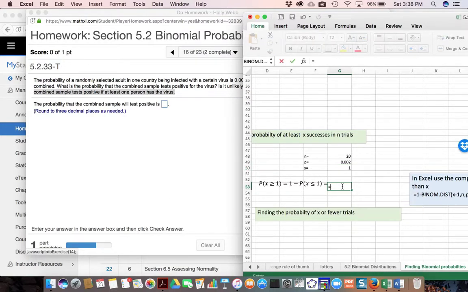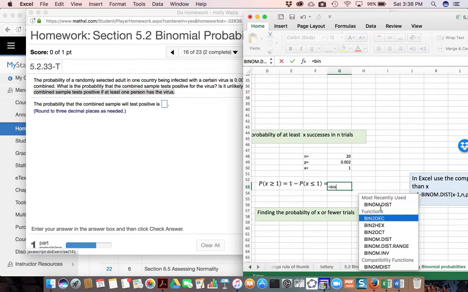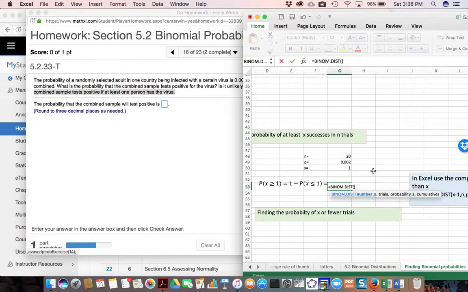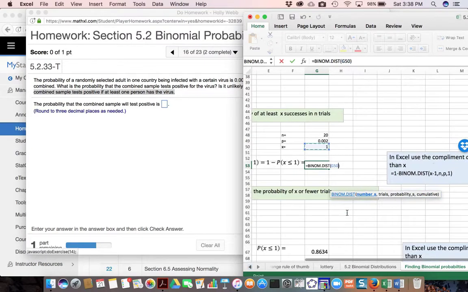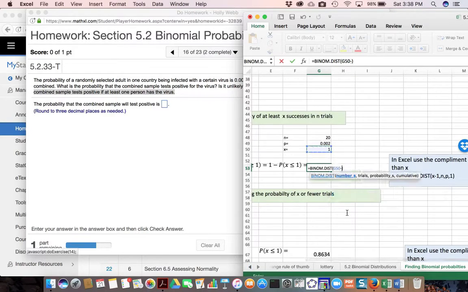Equals binomial dist. Let's see, x minus 1, sorry, going all over the place here. X minus 1, comma, n, comma, p, and we do want it to be cumulative.